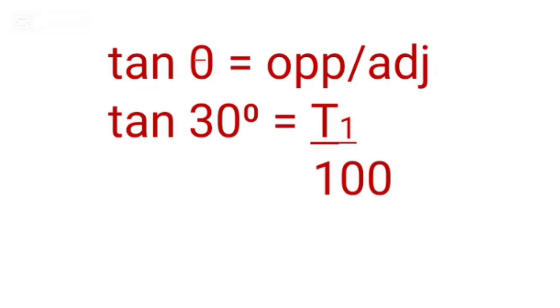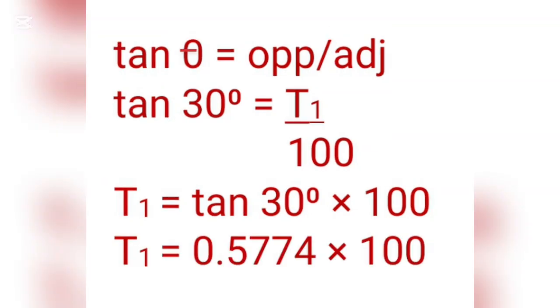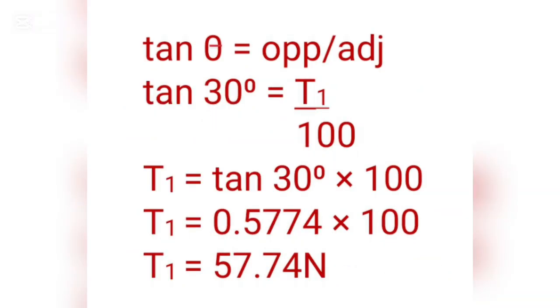When you cross multiply, you have T1 is equal to tan 30 degrees times 100. Tan 30 degrees is 0.5774. When you multiply by 100, you get 57.74, which is our final answer.